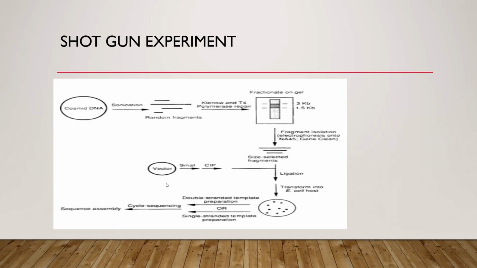This is the M13 vector. You can isolate the SMA1. SMA1 means Serratia marcescens. It is a bacterial species. Next step, CIP.